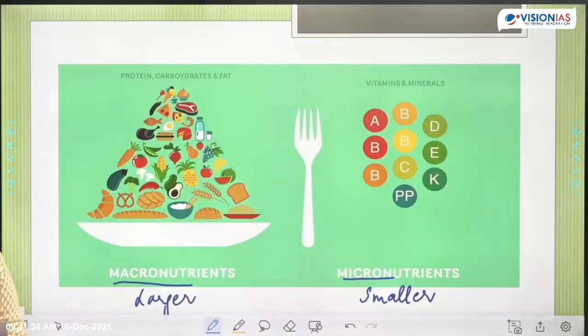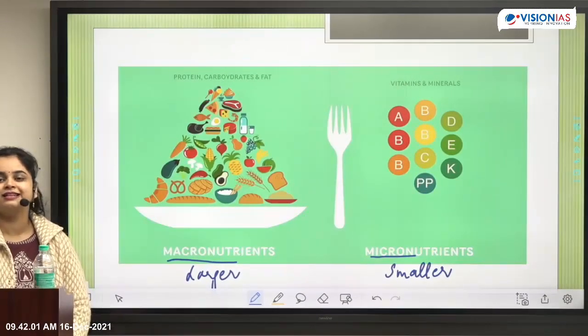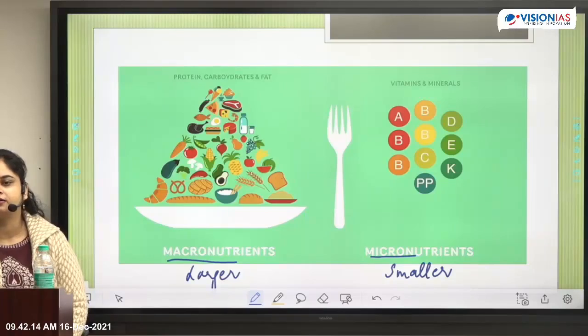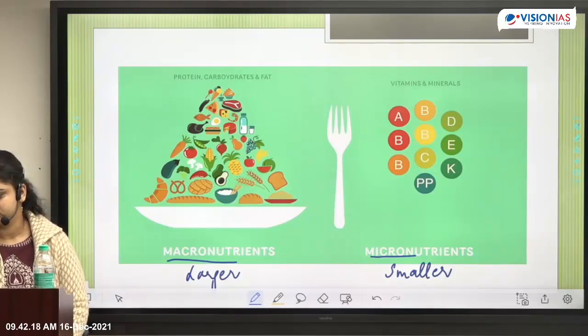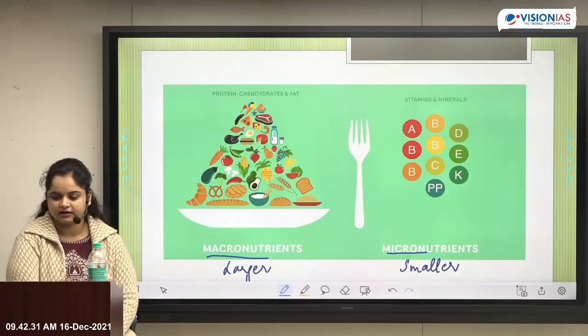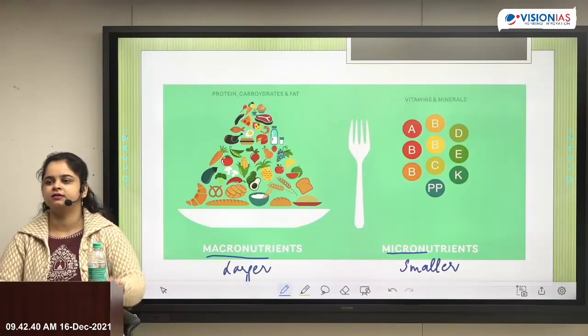Macronutrients. They form the larger part of our diet, and are needed in greater amounts.